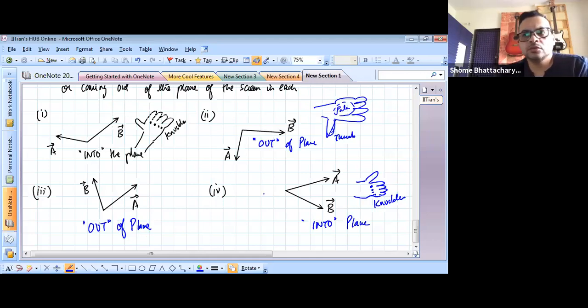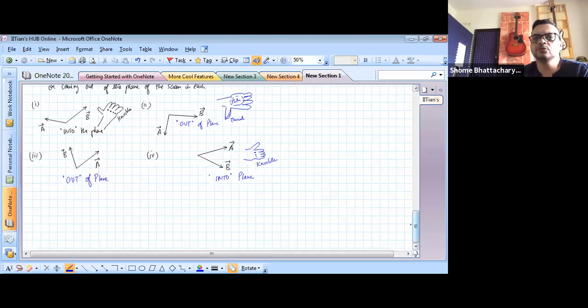Okay, so hope each of the options is clear to all of you now. Good. So this is how we determine the direction of n cap using the right hand palm rule.